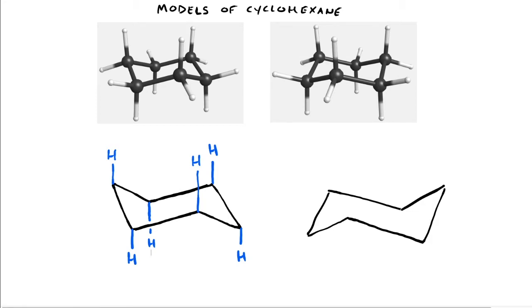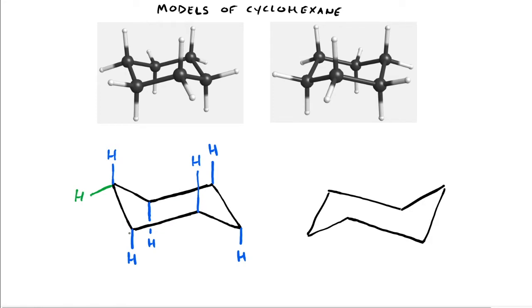So if we start here on this carbon atom yet again, look at where that other hydrogen atom comes. It's parallel to this bond and this bond. So that means the hydrogen atom that comes out here will come down slightly, and it will be parallel to these two bonds.